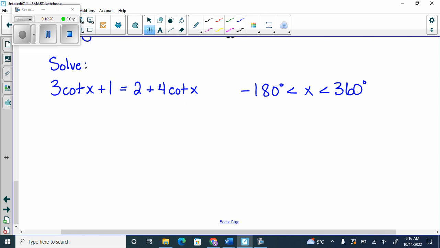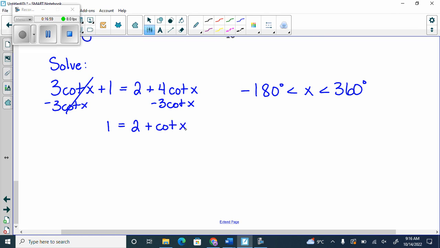So what am I going to have to get together first? The x's. Yeah, those cotans, right? So I have a 3 cotan x and a 4 cotan x. I need to move them together just like as if they were 3x and 4x, right? So I'm going to subtract the 3 cotan x over. So I get 1 equals 2 plus cotan x.